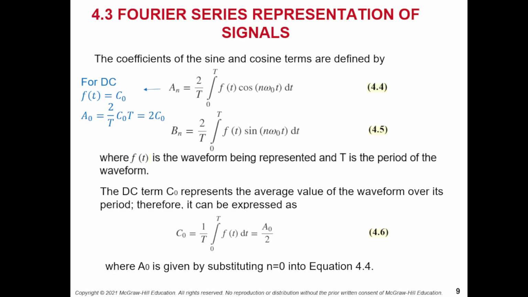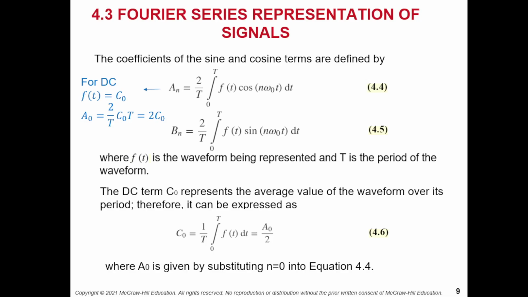So it becomes the integral of C0 over the period of time from 0 to T. So A0 is 1 divided by T times C0 times T, because this is the integral of C0 over the period from 0 to T. Then it becomes 2C0.